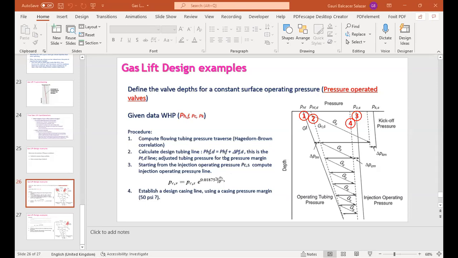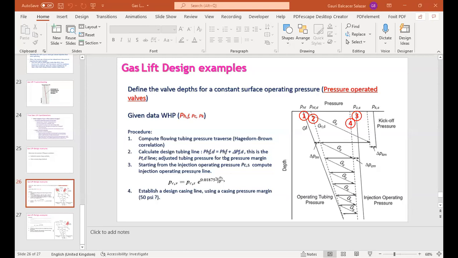In this case, we have the valve depth at 5,000 and perforations at 5,200.